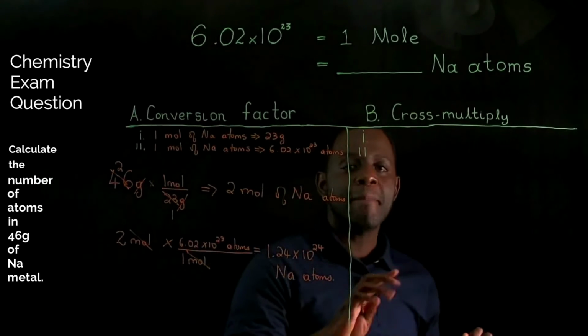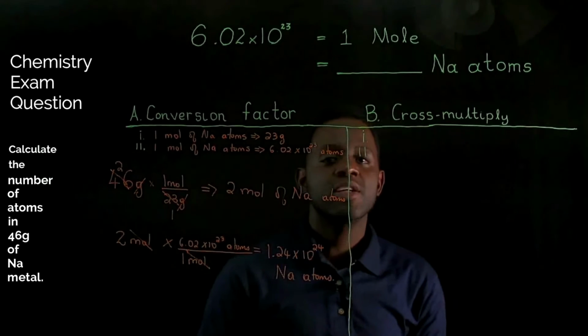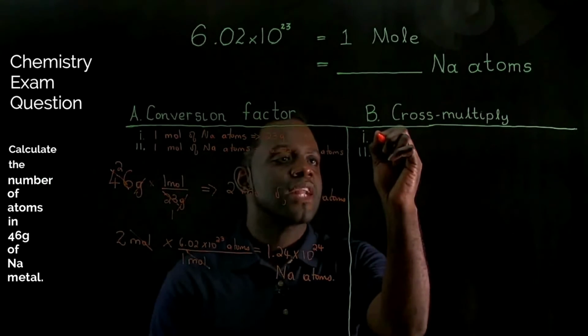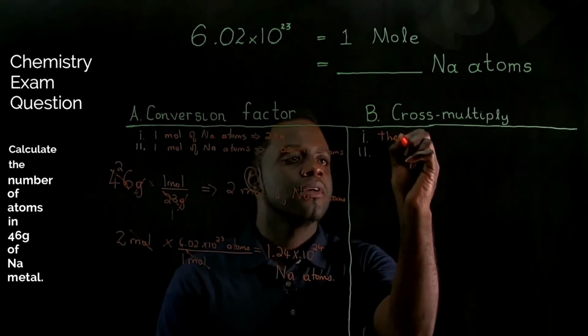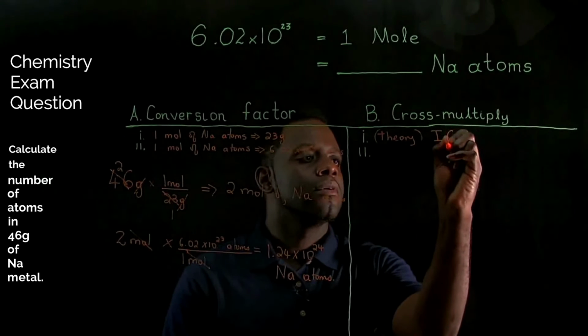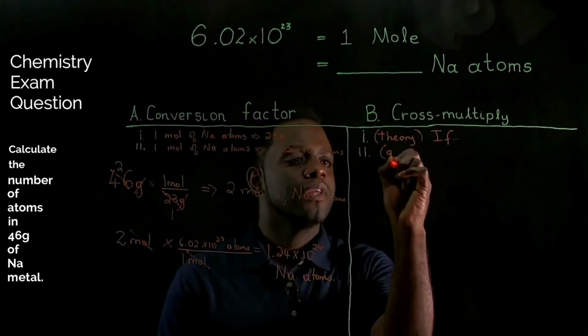Now let's use the method of cross multiplication. For this we will need 2 if statements that will come from the theory, and a then statement which will come from the question.